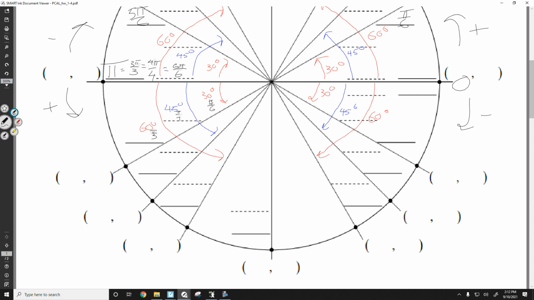You're on your way. Add. 30 degrees is our first angle. Add pi over 6 to pi.